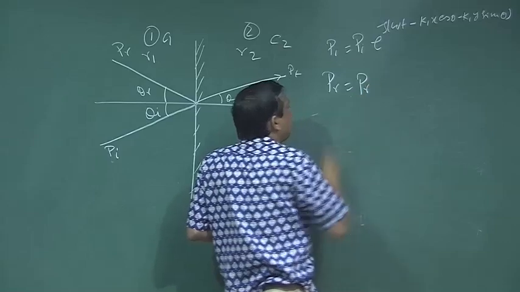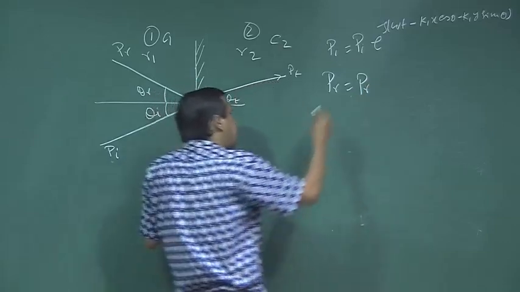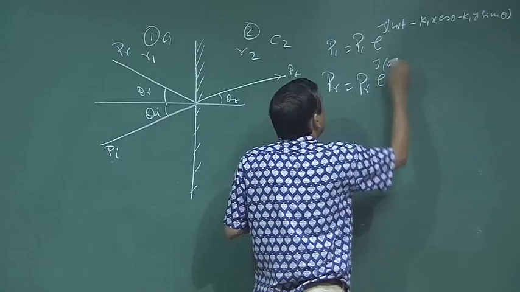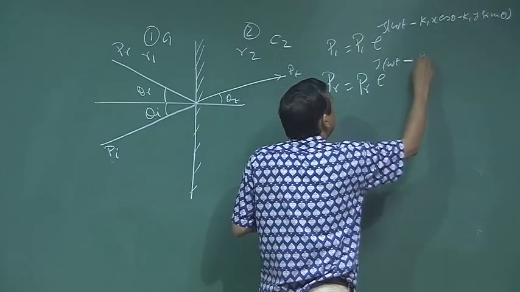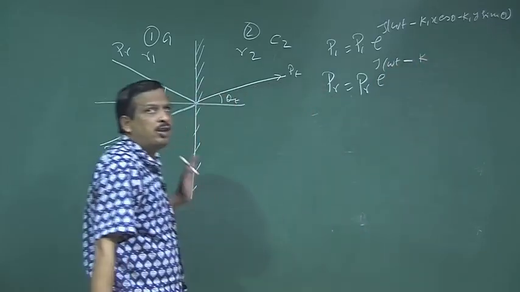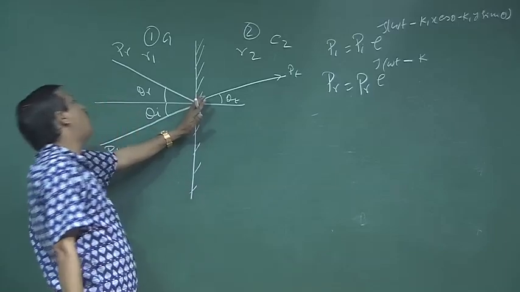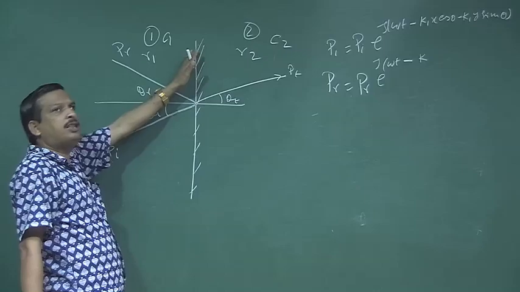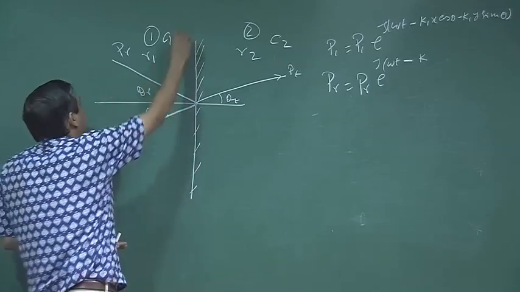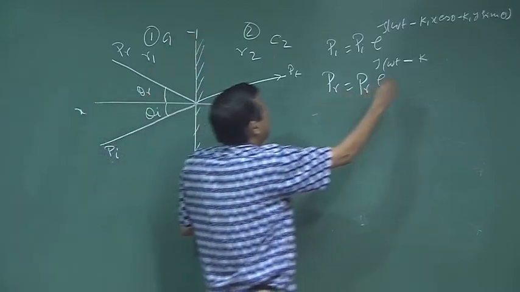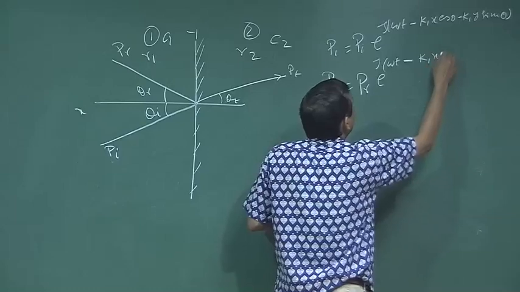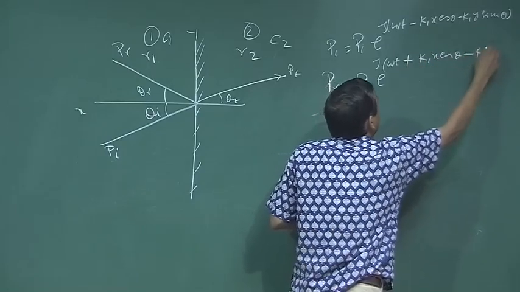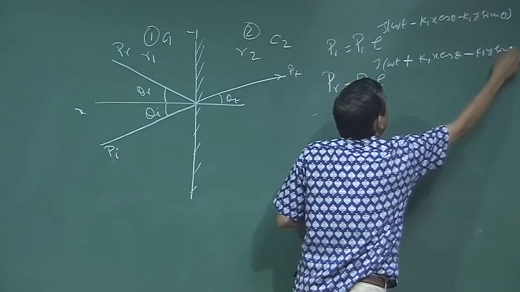Okay. Similarly, what is PR? The reflected wave, again in the xy plane, e to the power j omega t minus... why will it be plus? It will be plus because it is the negative x direction, but the y direction is positive. So this is the x axis and this is the y axis. So I can write k1 x cos theta is positive, minus k1 y sin theta.